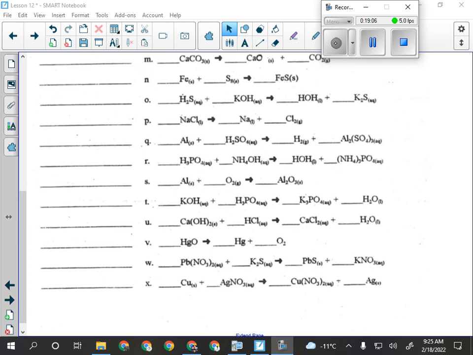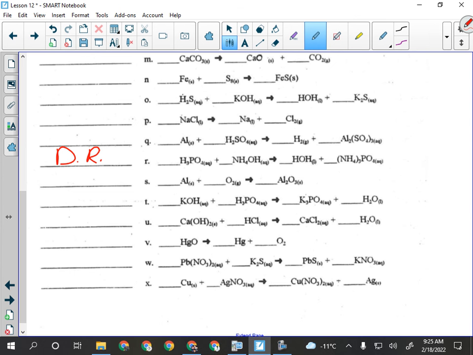All right. Let's have a quick look at R. So R is a double replacement reaction. Everything's an ionic compound in there. What should I balance first? What's the biggest number here? Ammonium, right? NH4 is that polyatomic ion. It's the only one that's positive, the only polyatomic ion that behaves like a metal.